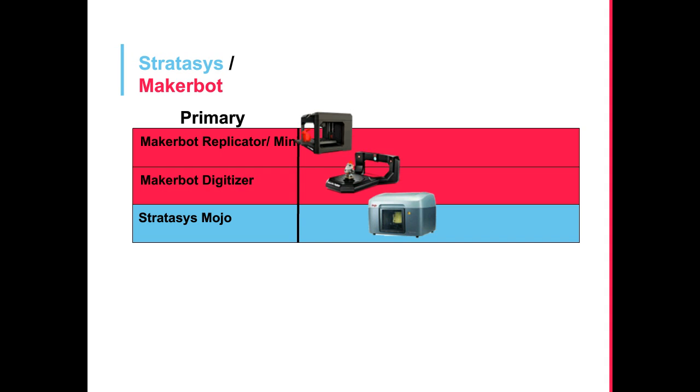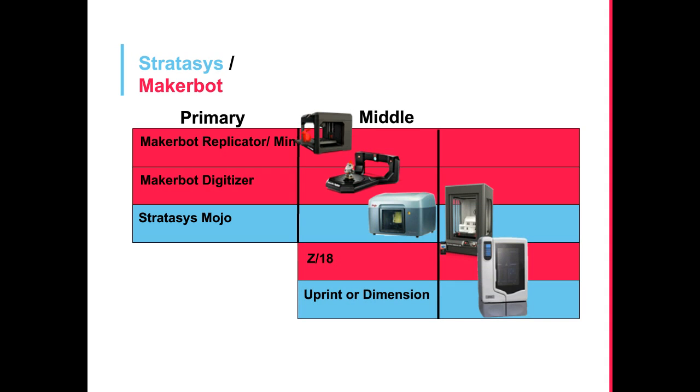At the middle school, we have still those same machines from the primary, but then we add what Makerbot has called their Z18, which is just a much bigger build volume printer. So as their design abilities increase, we want to have the capacity to print bigger and better things.